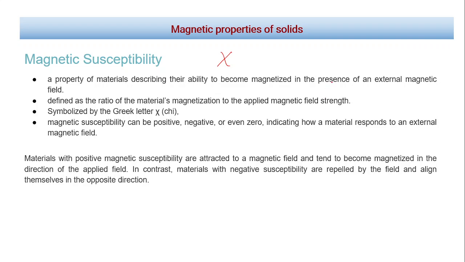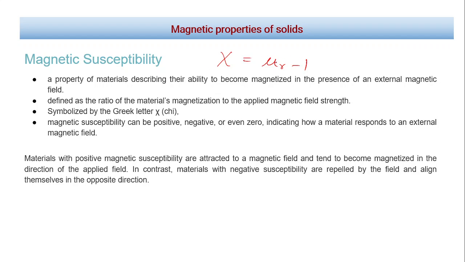Ultimately, it leads to the same thing, because permeability and susceptibility are related, and the relation between them is chi equals mu r minus 1.